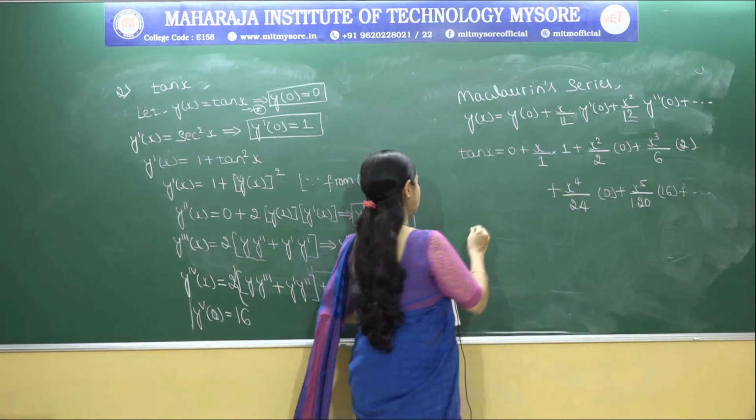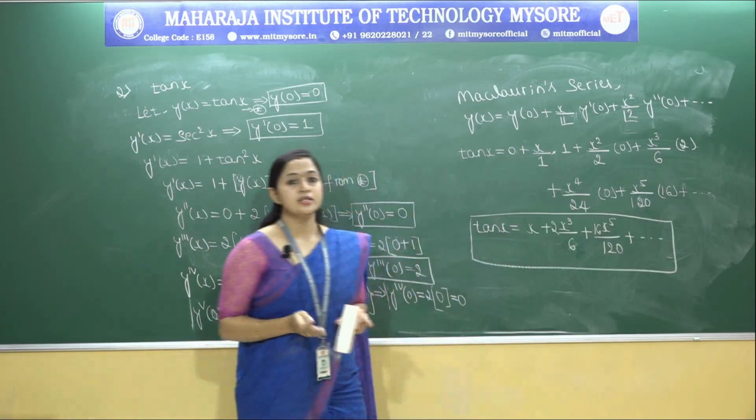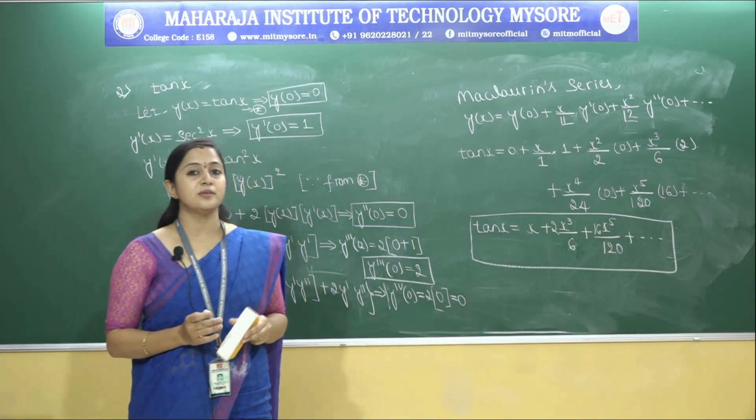So simplify these terms, you will get the tan x series. So that is the expansion of tan x using the Maclaurin series.